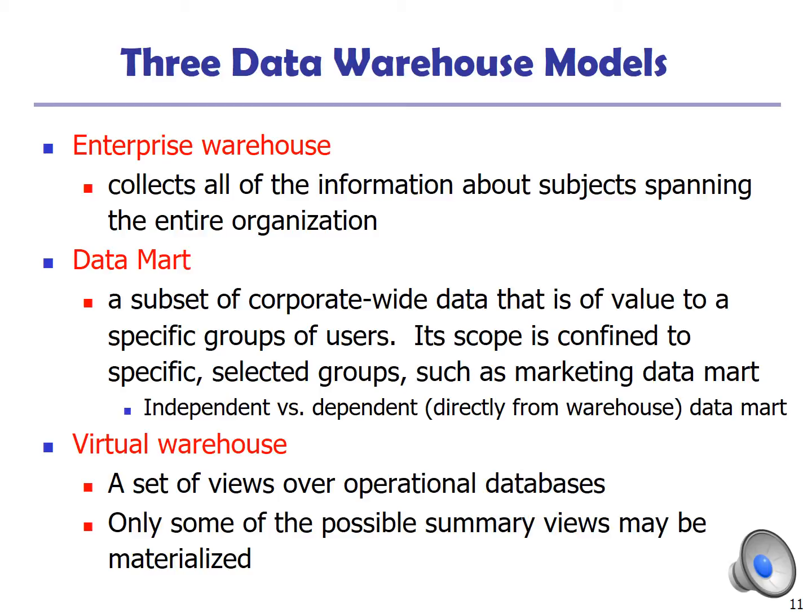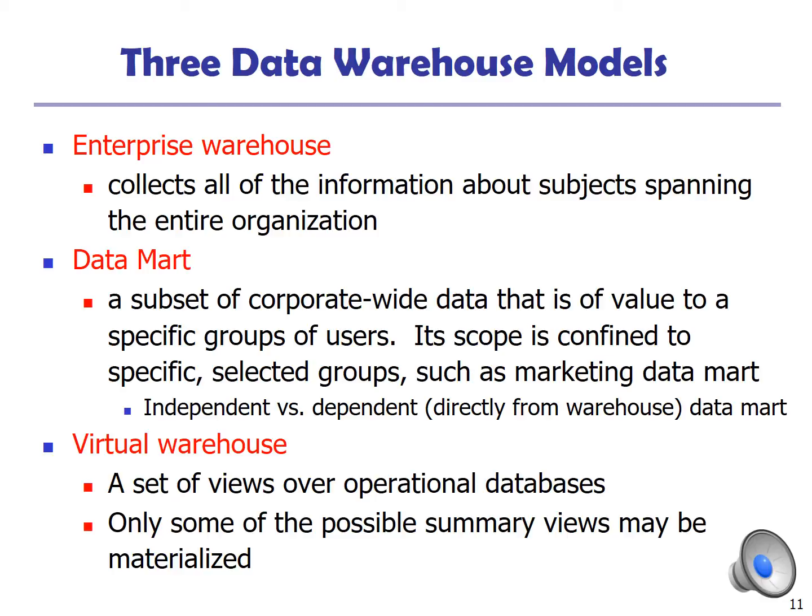Now, the third kind of data warehouse model is the virtual warehouse, which basically generates a set of views over operational databases. That means there is no physical data warehouse, but there are several views which are more volatile. If you've done a database course before, you know that a view is a virtual description of a table.